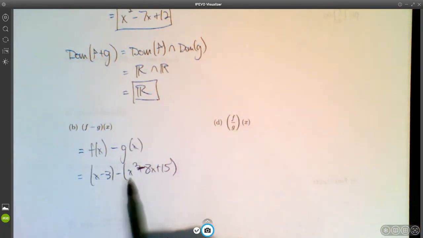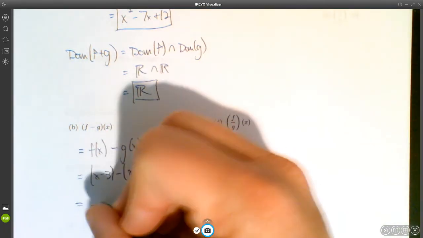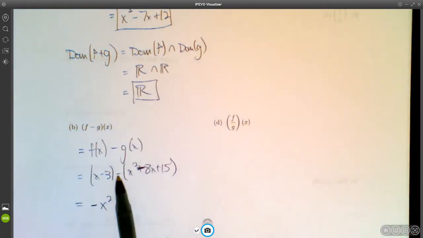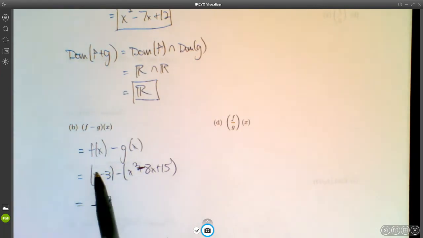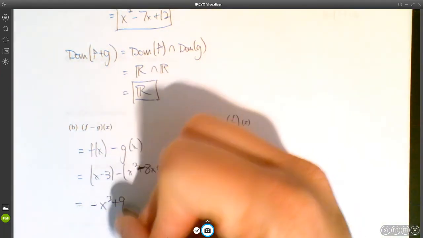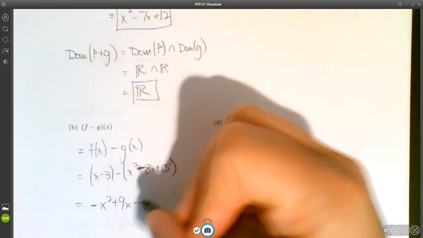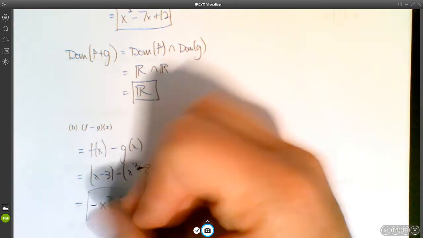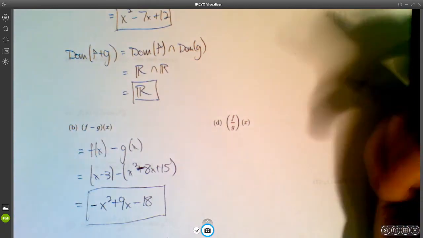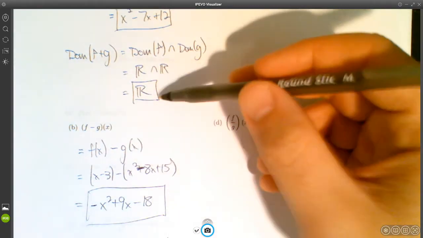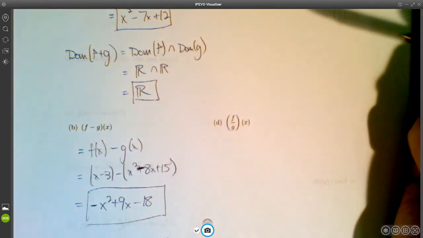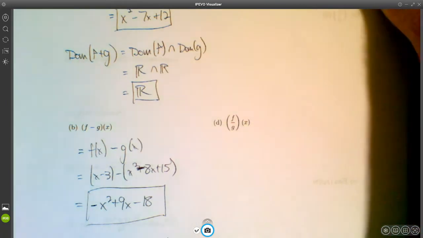So we're going to have a negative x squared. We're going to have a negative 8, so that's a positive 8 plus 1 is plus 9x. And then we're going to have negative 3 minus 15, that's negative 18. Alright, so there's f minus g. And of course the domain of f minus g is all real numbers. Okay, let's do part C.